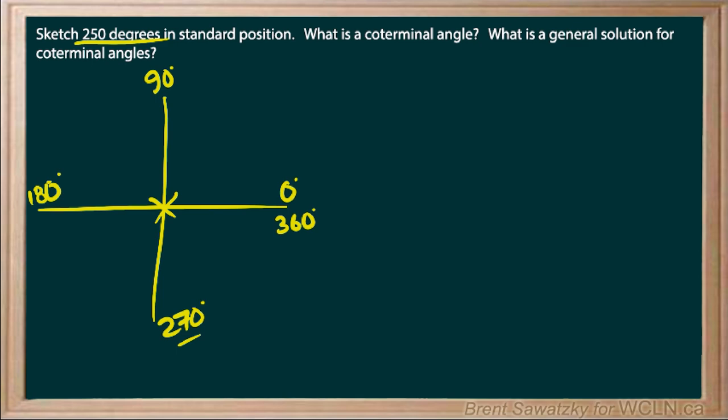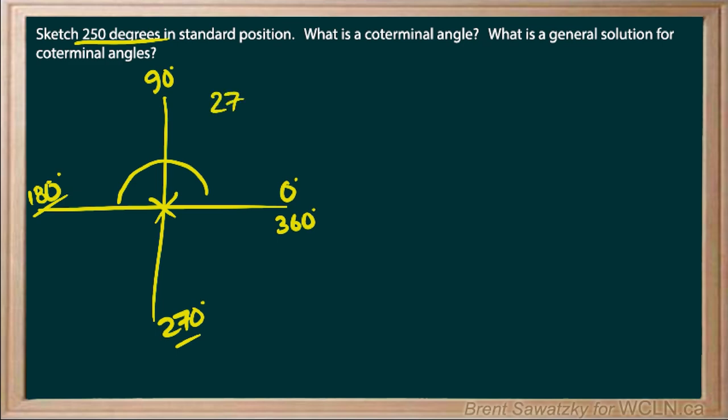So in this case, we are looking at 250 degrees. We know 250 is greater than 180 and less than 270. So we know that it lands in that third quadrant. So we can say we go 180, and then how much more? So we could subtract 250 minus 180, figure out what we got there, or we could say 270 minus 250, whichever way you want.